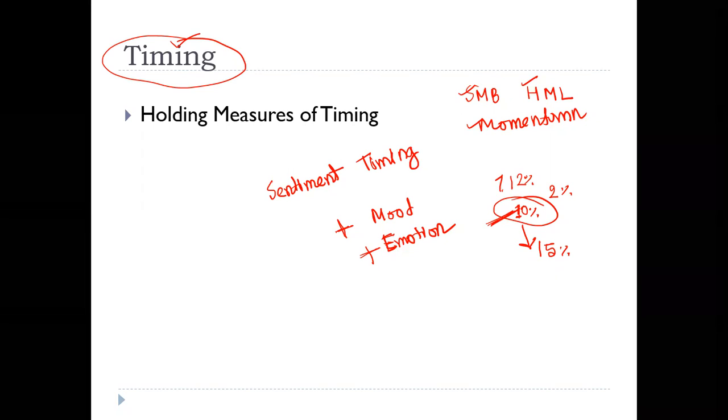It has been found that when the current sentiment, the present day sentiment, is low, and fund managers take negative exposure to the sentiment factor, they outperform in the long run.